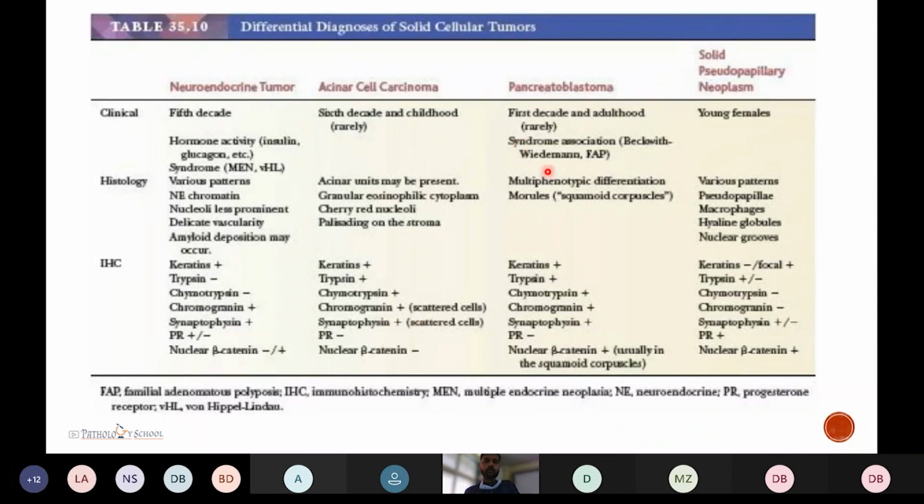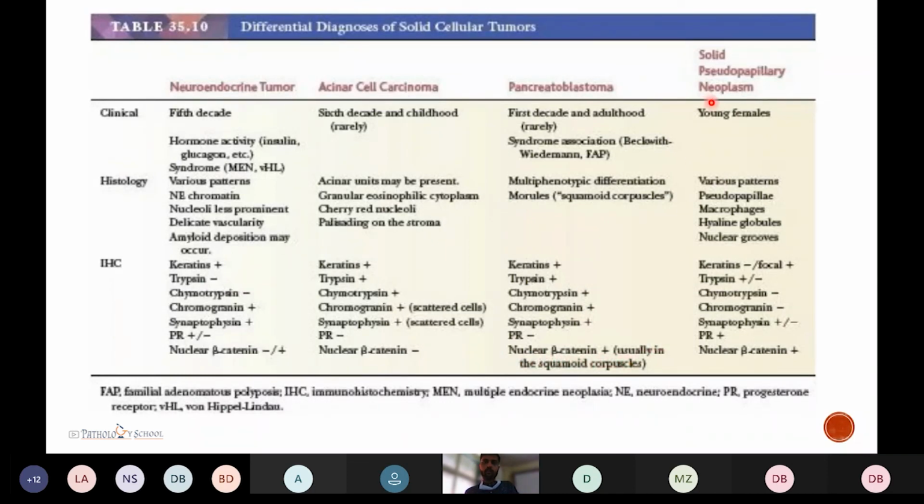Then pancreatoblastoma, morphologically, you can see morules, which are squamoid corpuscles. It occurs in the first decade and adulthood. Chromogranin and synaptophysin positivity along with trypsin and chymotrypsin is seen. So everything is positive in pancreatoblastoma. And also one special thing is nuclear beta-catenin positivity.